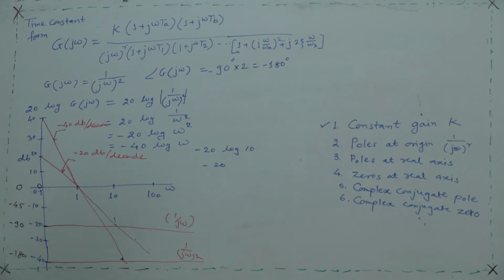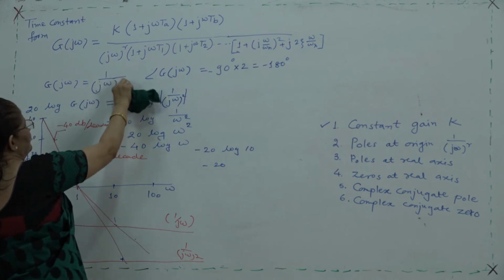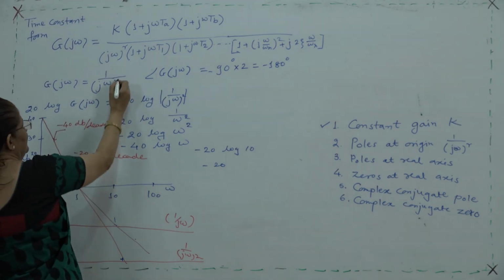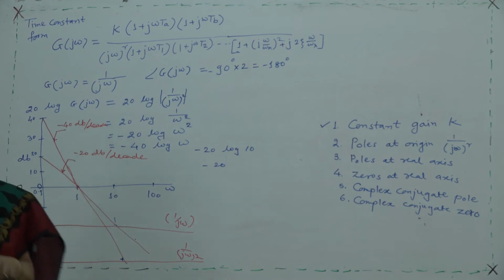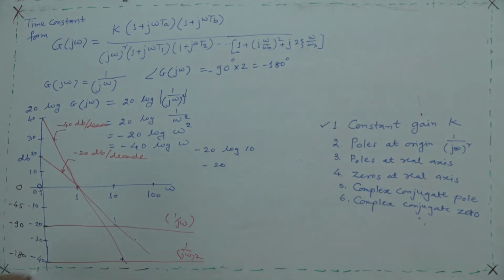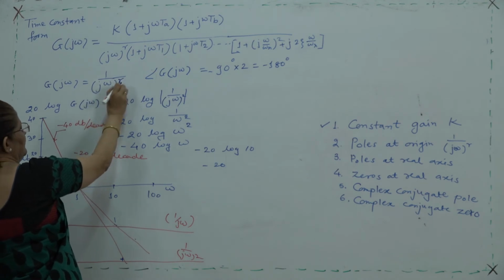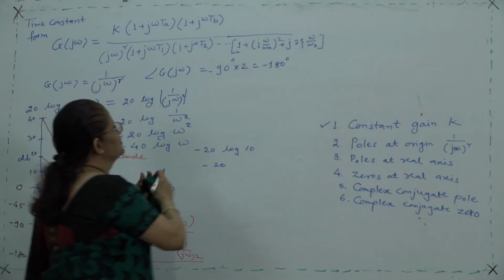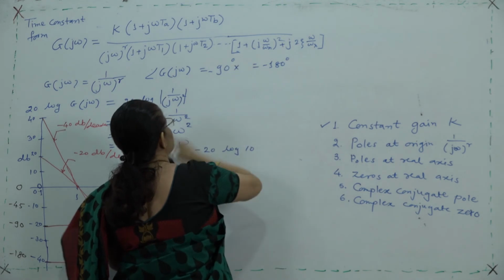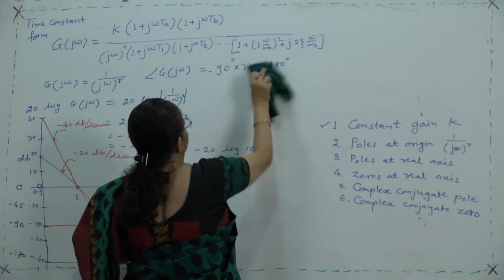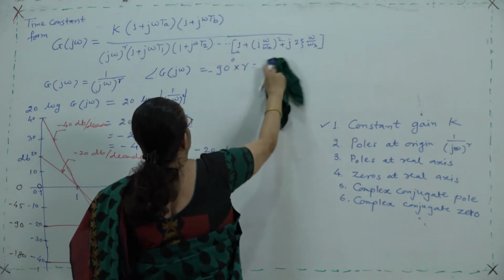Generalize it. Suppose R poles are at origin. So, what will you get now? If R poles are at origin, we can write j omega raised to R, then the angle contribution will be R times 90 degrees. How many poles are there?